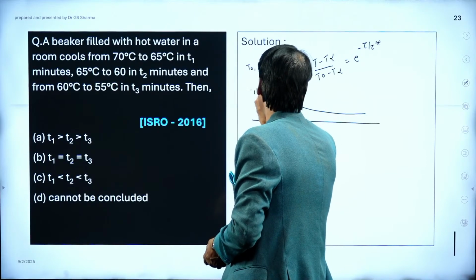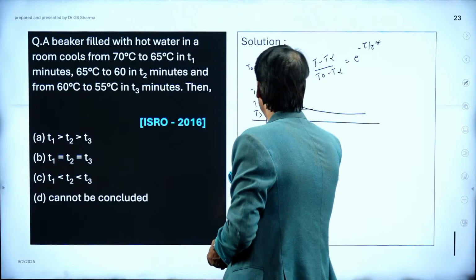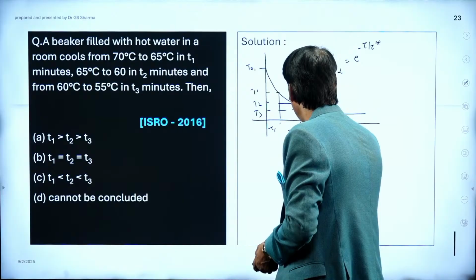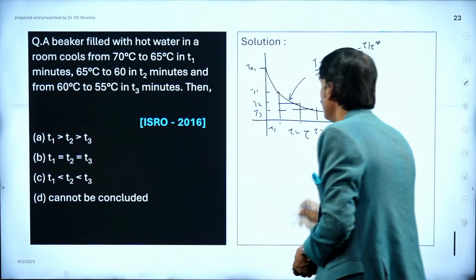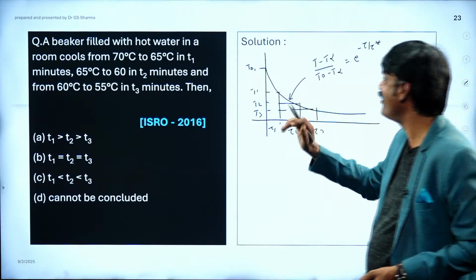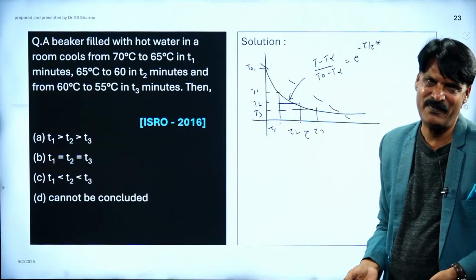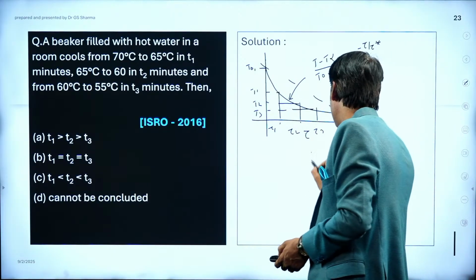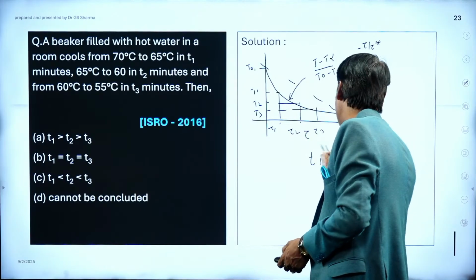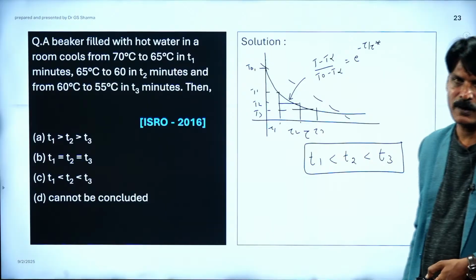So it reaches T1, then it reaches T2, then it reaches T3 within a time frame of tau 1, tau 2, tau 3. So it is clear that if this function were linear, then all three would have been the same. But T1 is always less than T2, less than T3, though the temperature drop is the same in all three cases. So the answer for this is C.